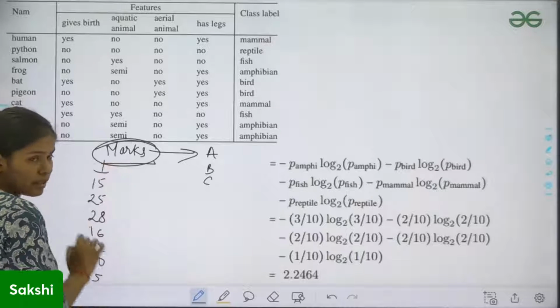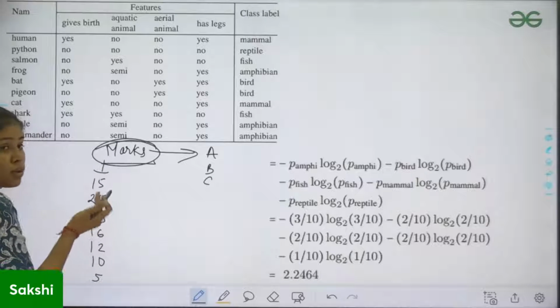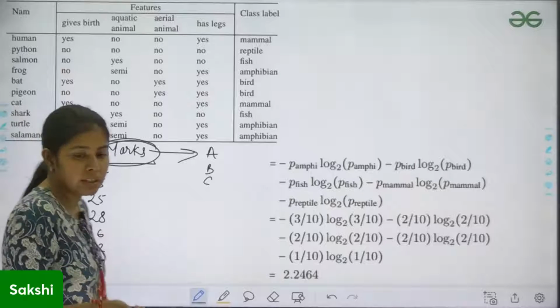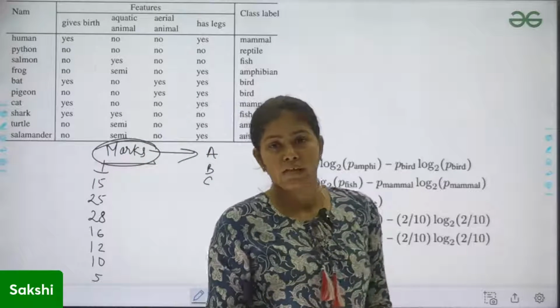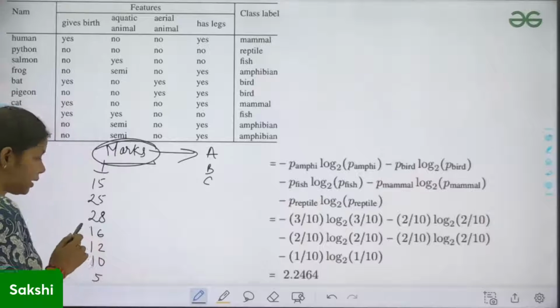So we have these marks, right? What would I do? Because these are numerical data, I'll divide them into sections. Let's say 3 sections, because in a decision tree it is not suggestible to divide into more than 3 sections, as it gets more difficult to find out entropy and all.